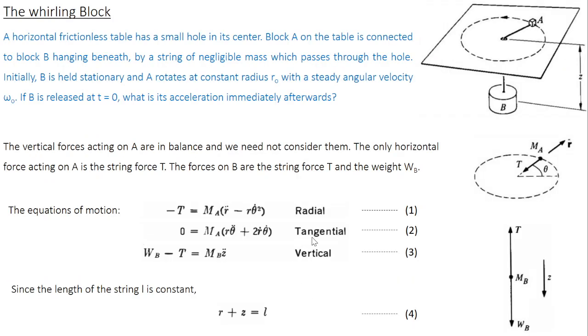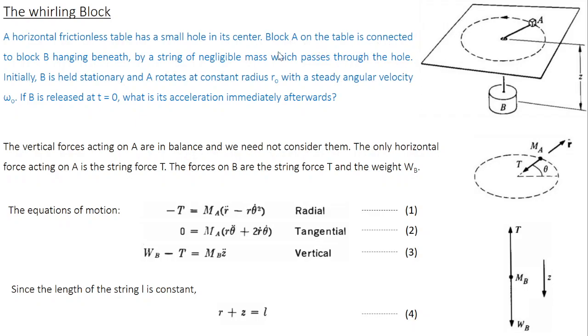Let's now scale up the problem. Take a problem where in addition to radial and tangential motion, you also have a constraint condition. So this is the case of a whirling block or a rotating block. Imagine a horizontal frictionless table has a small hole in its center as shown in this figure.